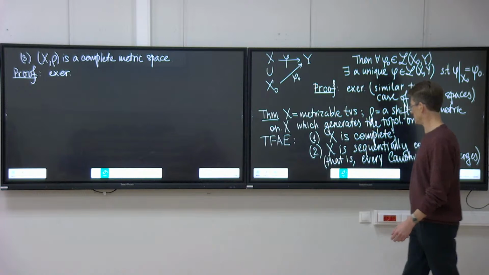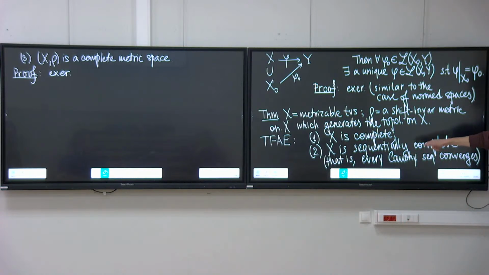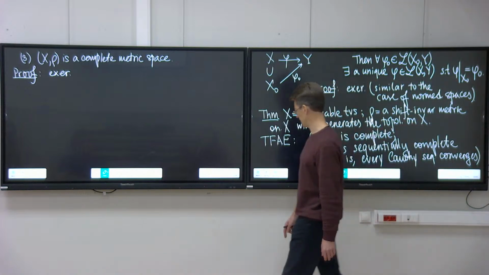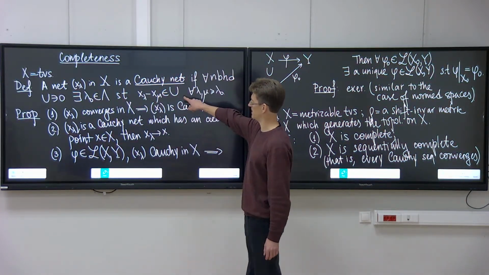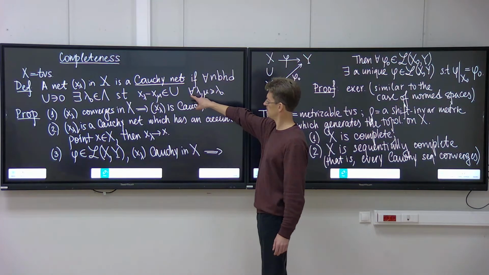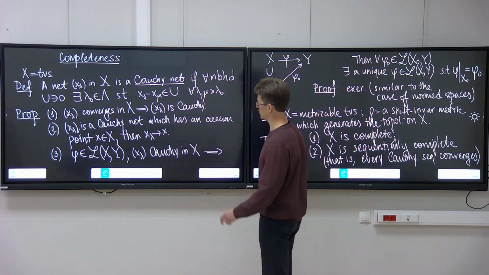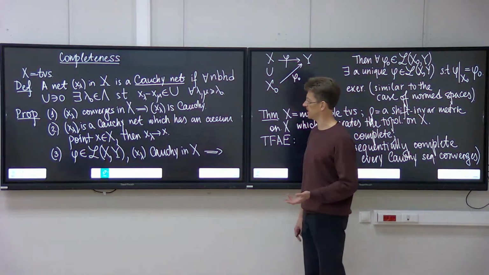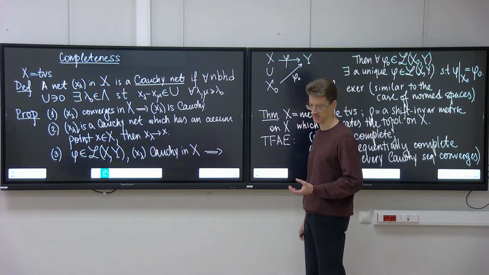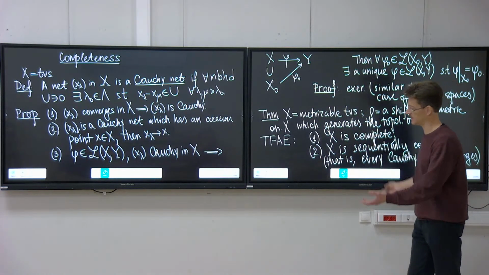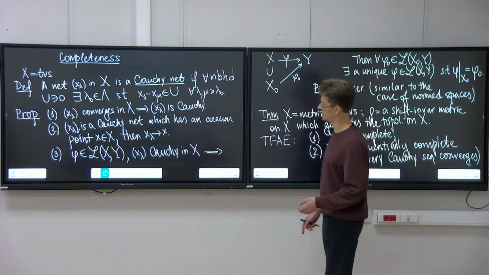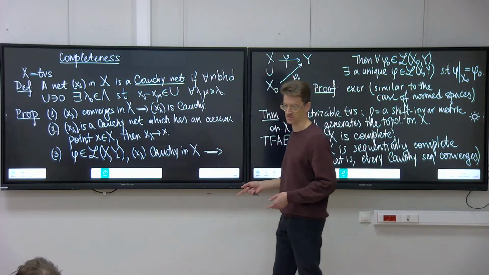And the only point which is not entirely trivial is to show that 2 implies 1. But this is not very difficult. You just choose a countable base of neighborhoods of 0, say U_n, and by using this countable base, you construct an auxiliary Cauchy sequence in X, which converges by sequential completeness, and then prove explicitly that the initial net converges to the same limit.